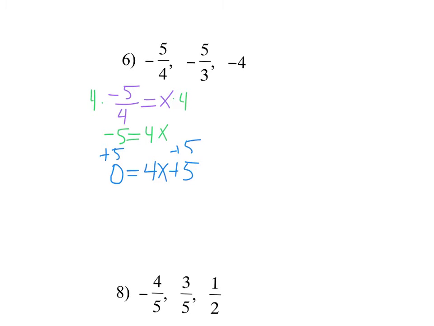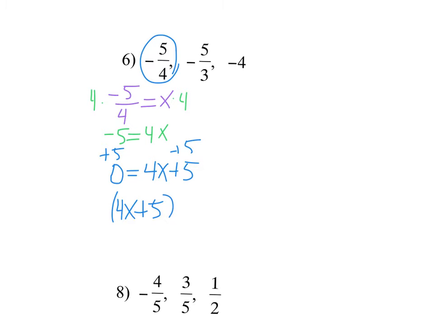And just like before, we could just use those opposite numbers here. We have to do a little bit more work to get there, or you might be able to realize that the denominator ends up being multiplied by the x, and the numerator ends up being added in its opposite form. So -5 over 4 would give us 4x plus 5 as a factor. -5/3.